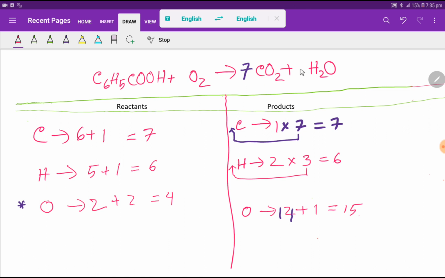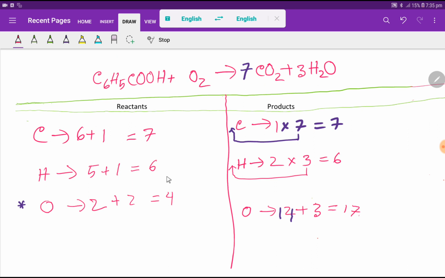So here, look, if I place here 3, the number of hydrogen will be 6, the number of oxygen will be 3. So you have to change here, right? Look, 3 plus 14, that is 17 oxygen, right?